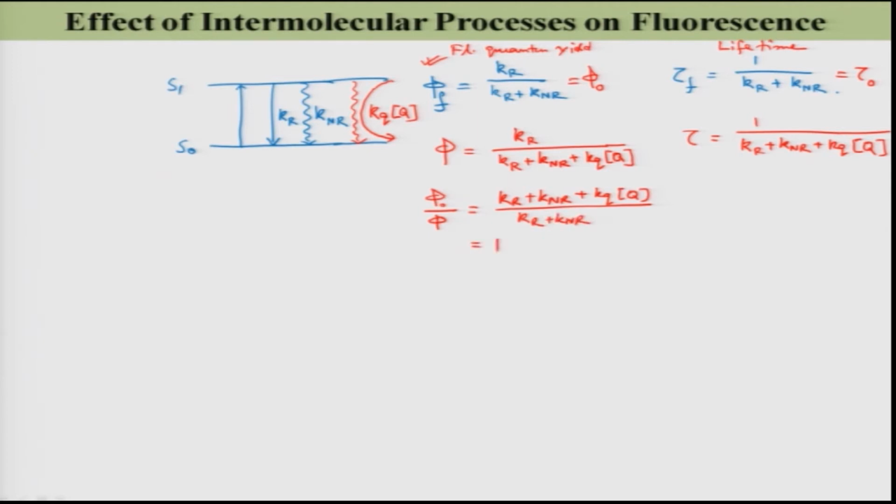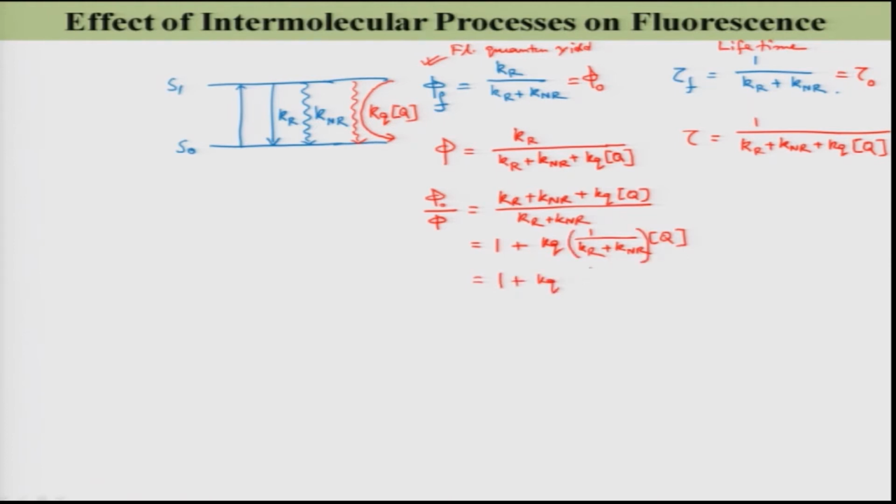So this is equal to 1 plus k_q into 1 by k_r plus k_nr, into Q. What is this?